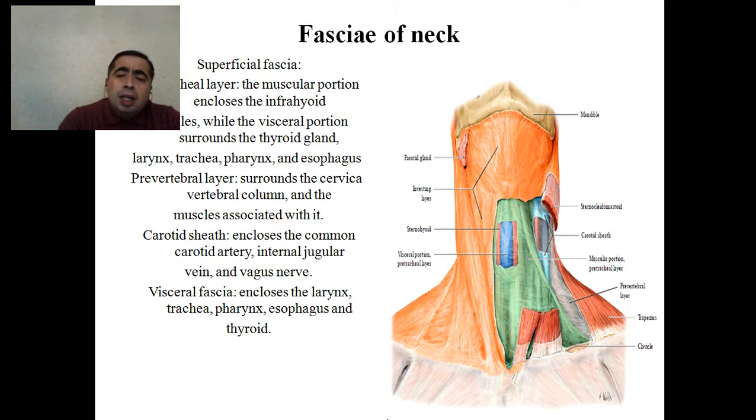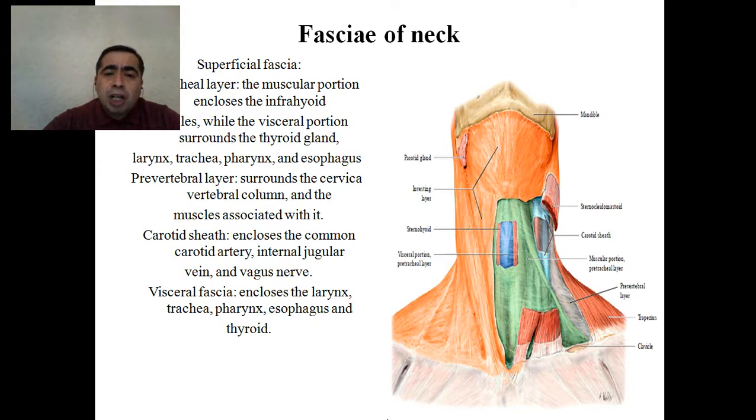The lateral group is formed by the anterior, middle, and posterior scalene muscles, and the medial group: longus colli, longus capitis muscles, and two little muscles, the musculus rectus capitis anterior and the musculus rectus capitis lateralis. The last two muscles are located between the atlas, I mean the first cervical vertebra, and the occipital bone.